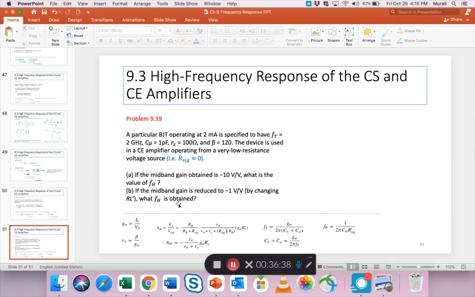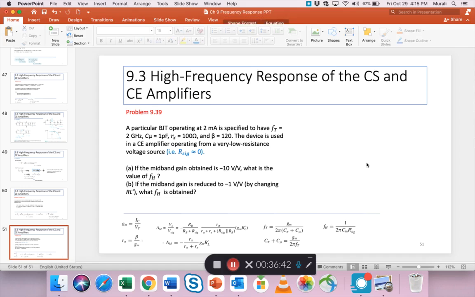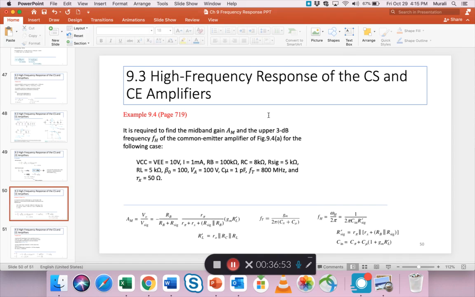We have one more problem here from the back, 939. Here again, if you have an FT of 800 megahertz, the answer for FH is only 754 kilohertz.